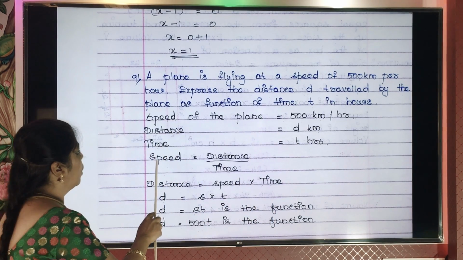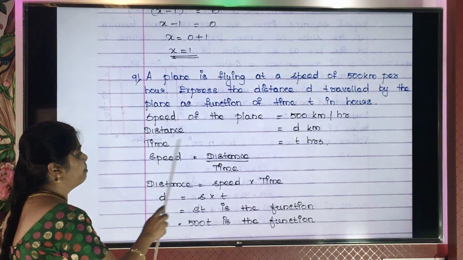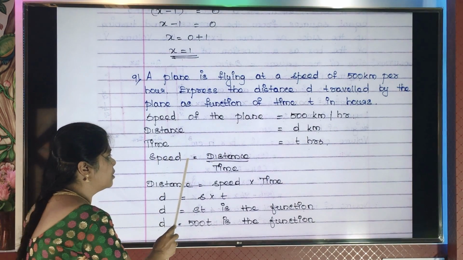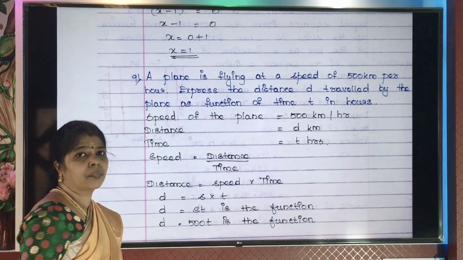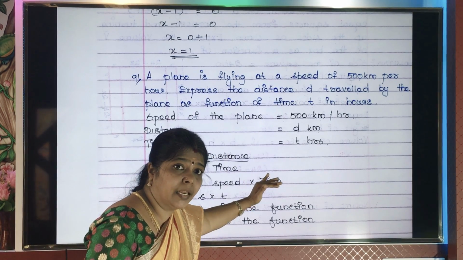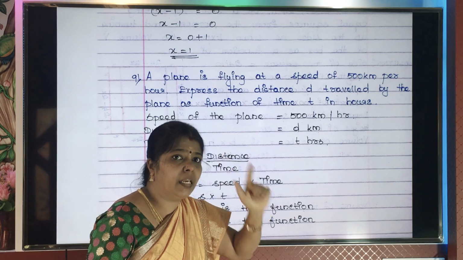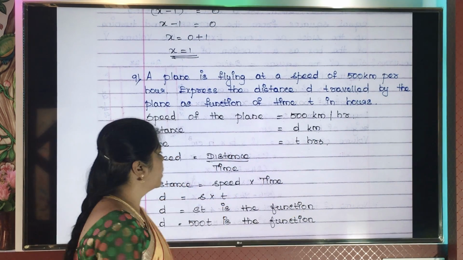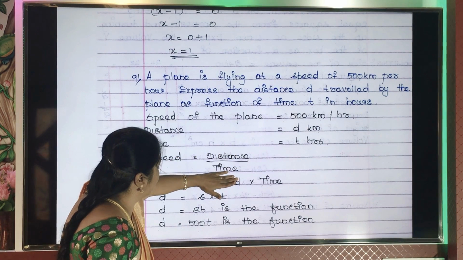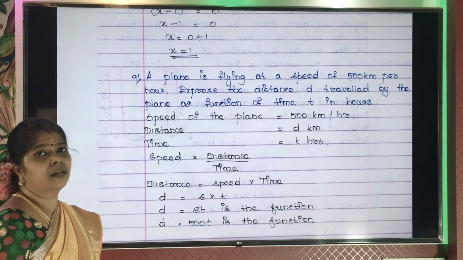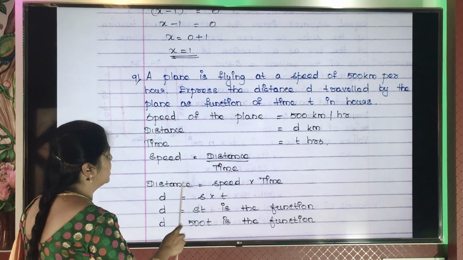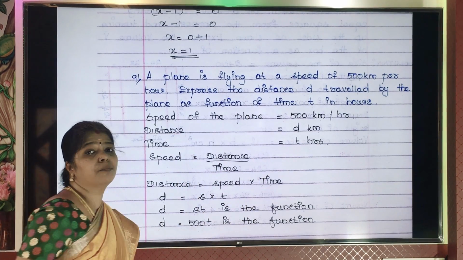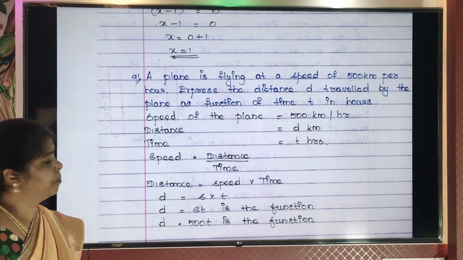Okay. And we all know the formula relating speed, distance and time. What is that? Speed is equal to distance by time. But according to this question, what do we need? We need distance. So keep distance here and take time to the other side. So what it becomes? Distance is equal to speed into time.